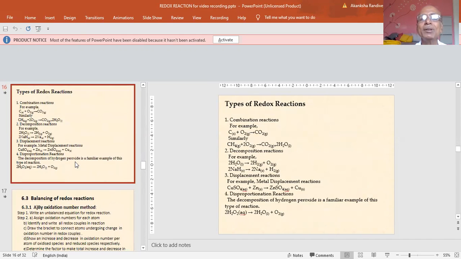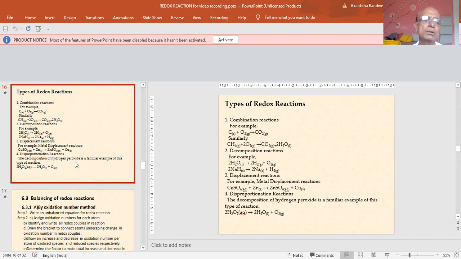And the next point that we have studied is the types of redox reactions. That is combination reactions, decomposition reactions, then displacement reactions, and disproportionation reactions. These are the types of redox reactions. We have studied these types of redox reactions in the last lecture.